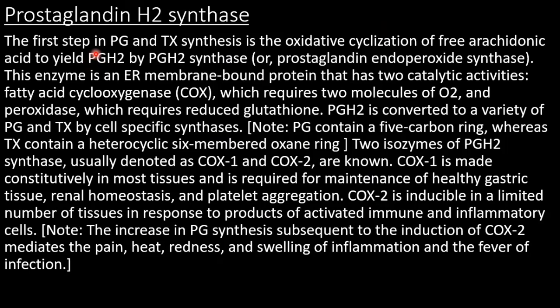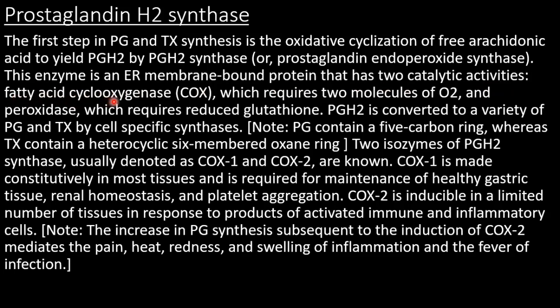Now, the first step in prostaglandin and thromboxane synthesis is the oxidative cyclization of the free arachidonic acid to yield prostaglandin H2 by the prostaglandin H2 synthase, also known as the prostaglandin endoperoxide synthase. Okay, synthase, not a synthetase. Now, this enzyme is found in the endoplasmic reticulum. It is bound to the endoplasmic reticulum membrane, and it has two catalytic activities.